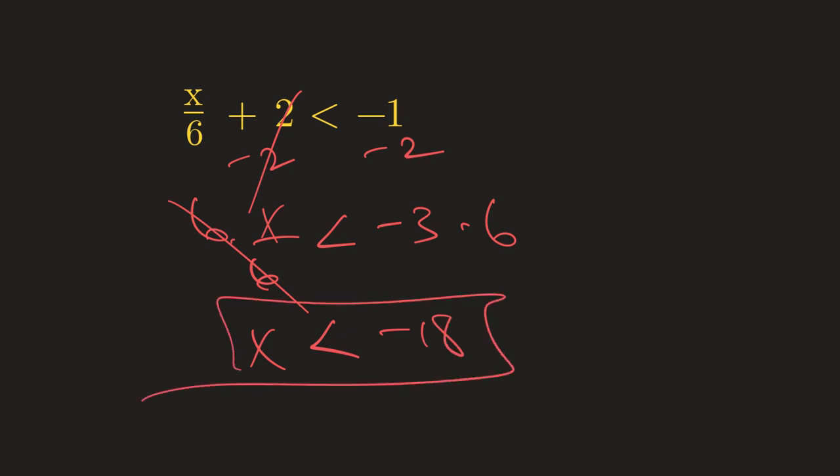So again, because the 18 is negative, that's not going to flip the inequality. It's how we got there. We got there by multiplying by 6, positive. Inequality stays the same. Number line, 0, negative 18. Guys, that's all we need on the number line. Keep it simple.